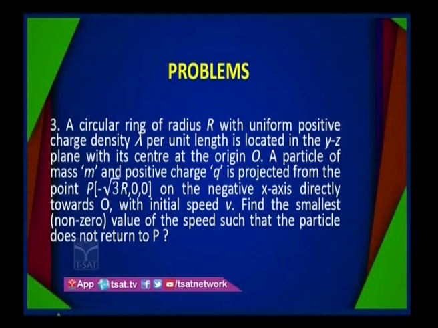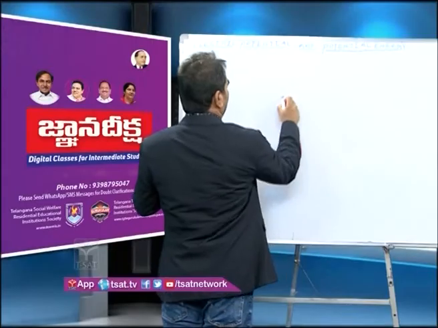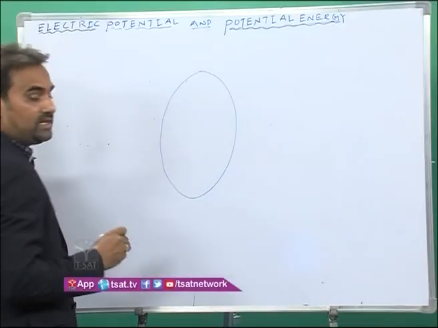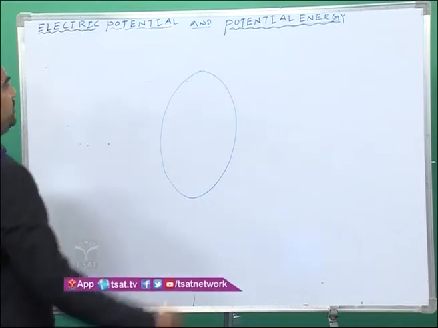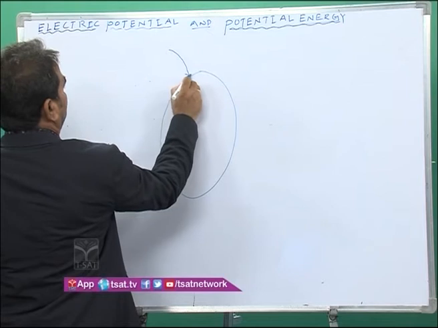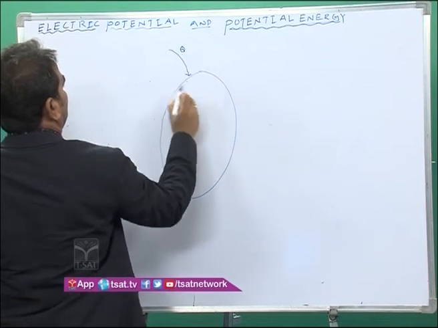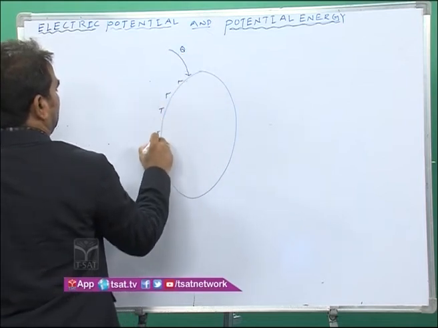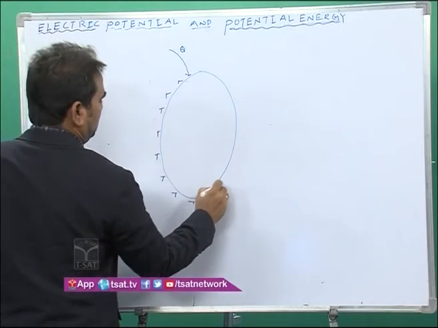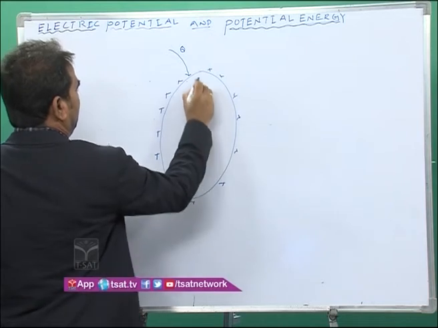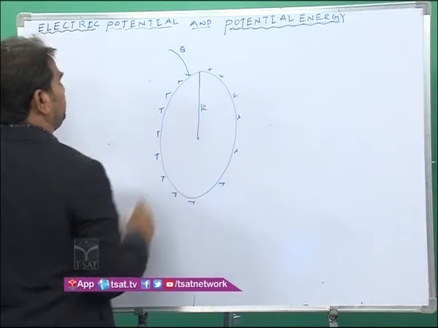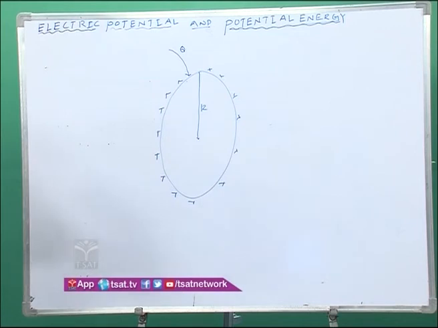Here, what was given? A circular ring of radius r was given. This is nothing but a circular ring of radius r with a uniform positive charge density lambda. Suppose some amount of charge is spread over the ring like this, and it has a radius r and a charge density lambda.